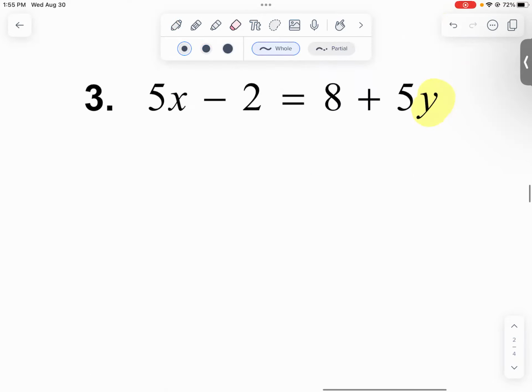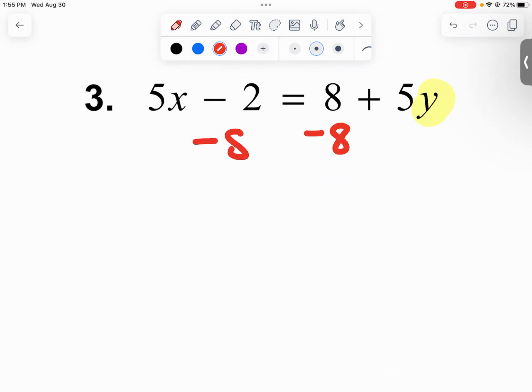Okay, the same thing is going to still happen here. So in order to get y by itself, we first need to get rid of the 8. How are we going to move it? Okay, since it's a positive 8, we are going to need to subtract it from both sides.